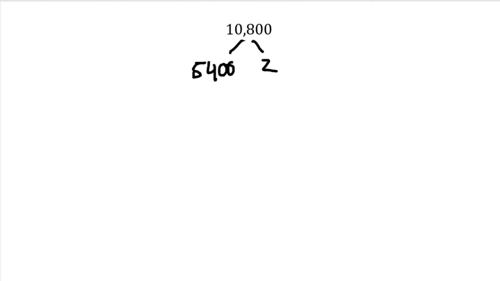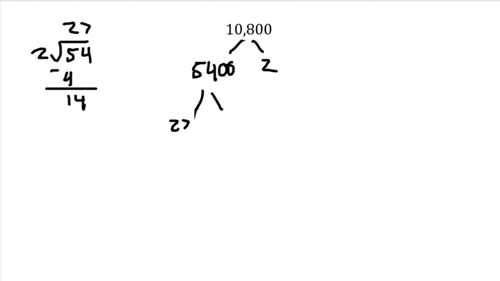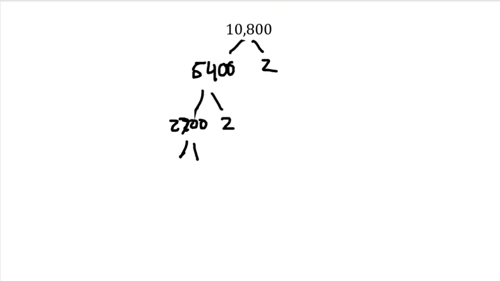So 5,400 can be divided by 2, so we get 2,700 times 2. And 2,700, I think it can be divided by 2 because the last 2 digits are even, 0, 0. So let's go ahead and do that.